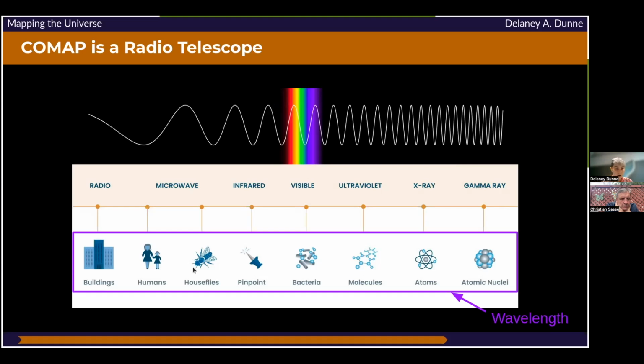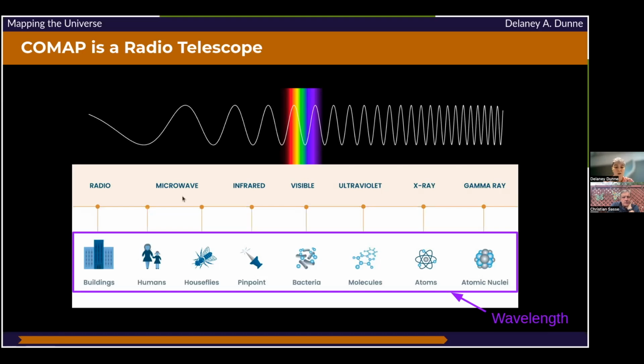And so in this graph here, we have sort of the typical size of the waves, the typical wavelength of the waves of these different parts of the electromagnetic spectrum, compared to things that we might be more familiar with. And COMAP is actually about here. The wavelength of light that we're targeting for this CO transition, redshifted, is about a centimeter exactly.